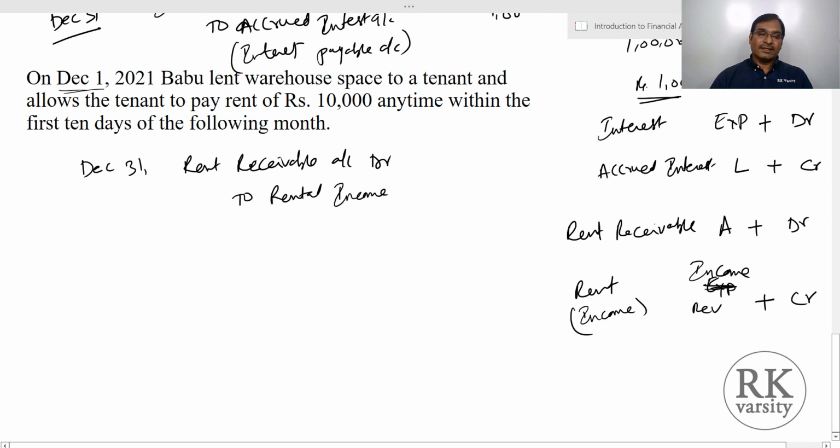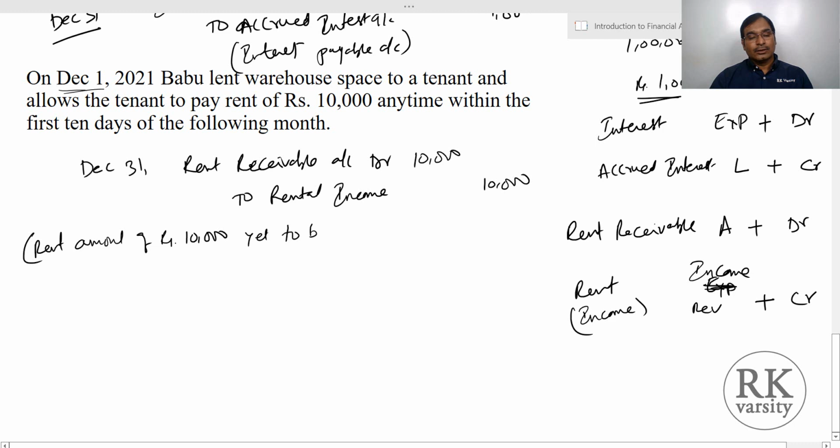When we say rent, we consider this as an expenditure, so to avoid that, I'm writing rental income, and the amount is rupees 10,000. And in the narration, we write that rent amount of rupees 10,000 yet to be received from the tenant.